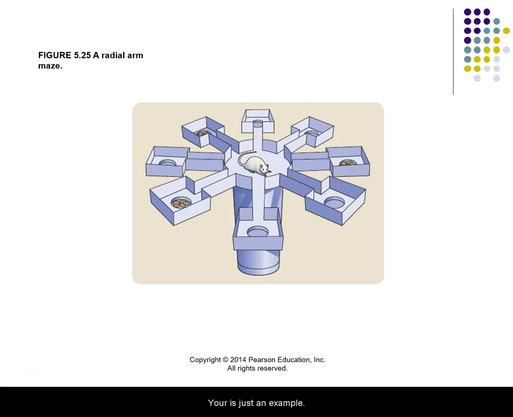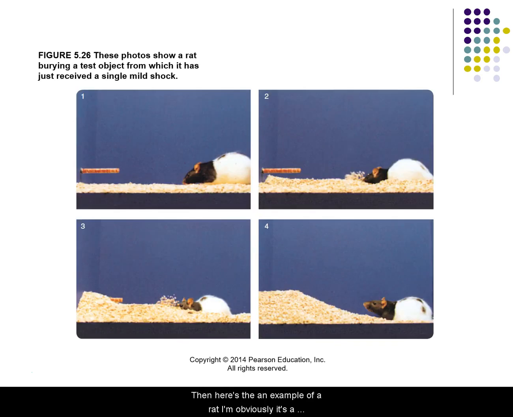And here is just an example of a radial arm maze viewing spatial learning. As you can see, only some of these radial arms actually have reward in there. You put the rat in there. After a couple trials, he will go just to those radial arms that had the food source, and he'll avoid those empty. And then here's an example of a rat.